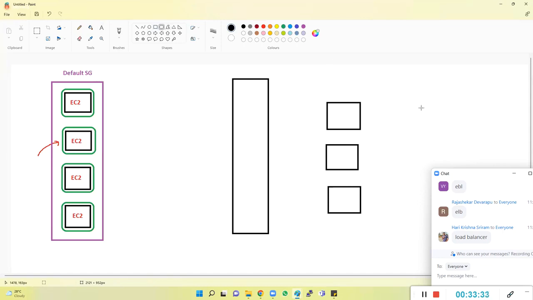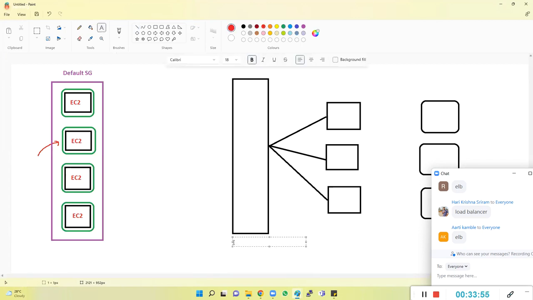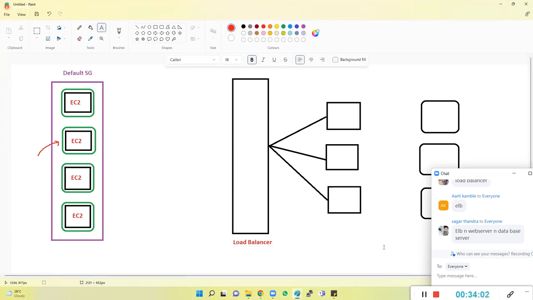In the back, you have database servers also, DBs. So this is the load balancer.